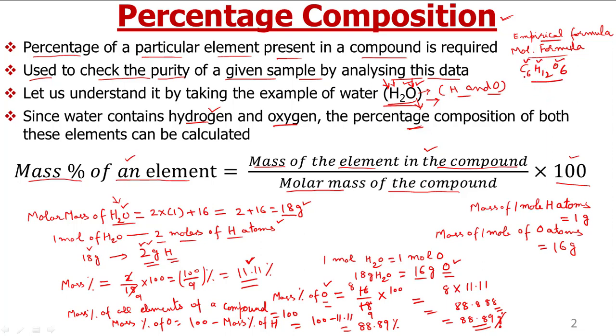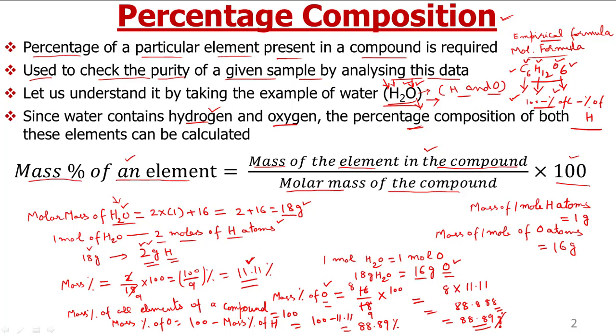So if we know the percentage composition of carbon and of hydrogen, then there is no need to calculate the percentage composition of oxygen, because it can simply be calculated as 100 minus percentage of carbon minus percentage of hydrogen. So we can also calculate the percentage composition of the last element by this method.